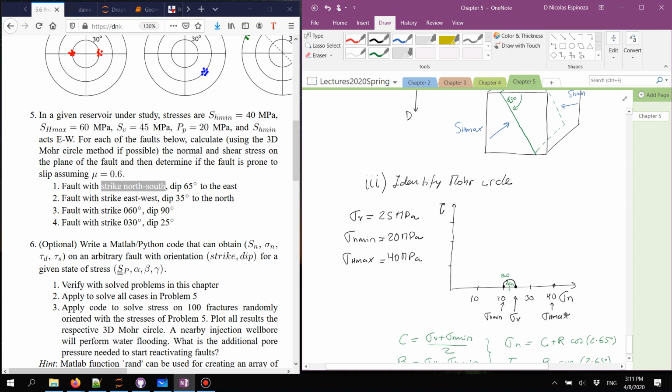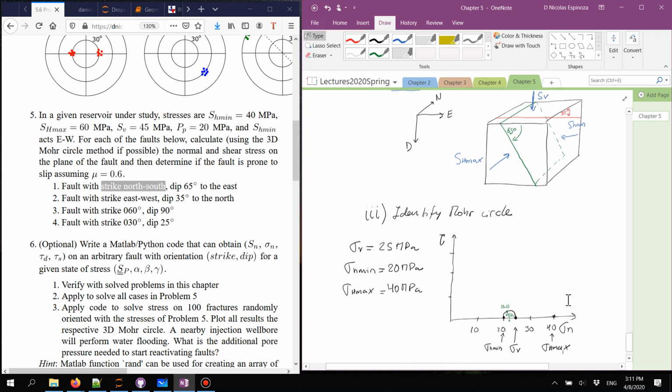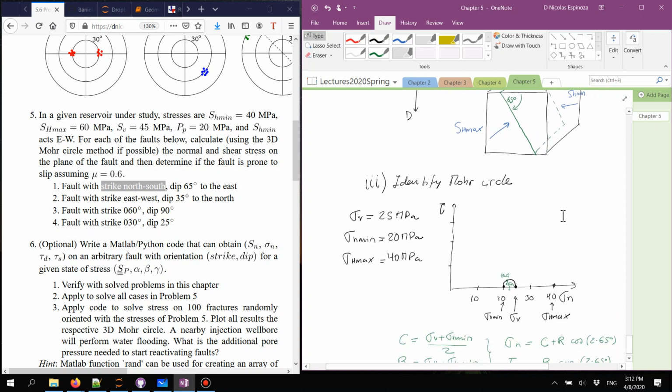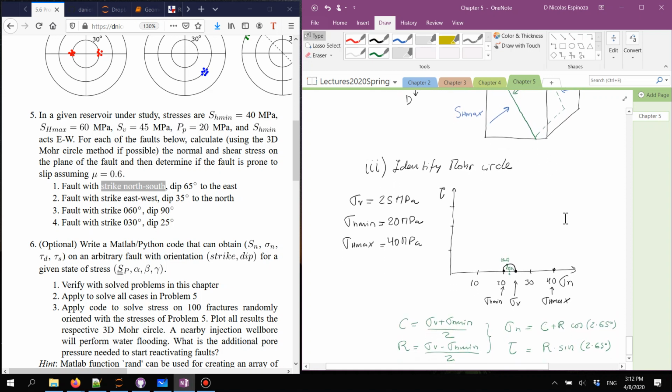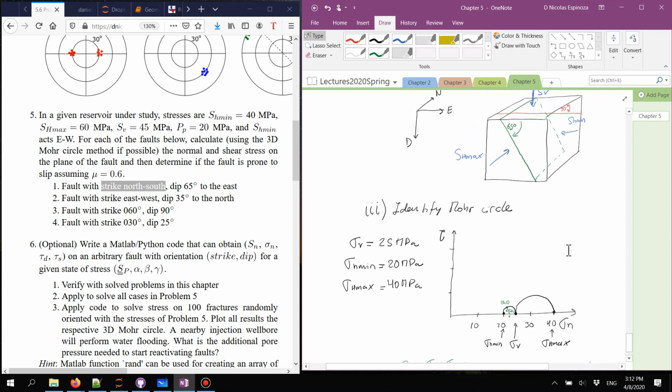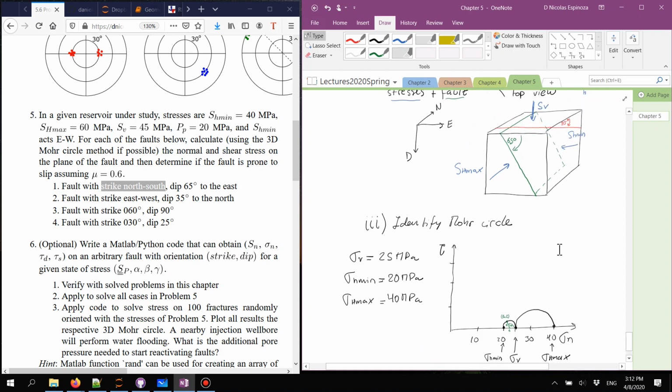And in this case, this is a combination with sigma V. So the Mohr circle I want in this case is going to have another center, another radius, and it's going to be this circle. And the angle that I need to use now is, remember, the angle from the plane of the maximum stress, which is sigma H max, to the plane of the minimum stress, in this Mohr circle, which is sigma V.